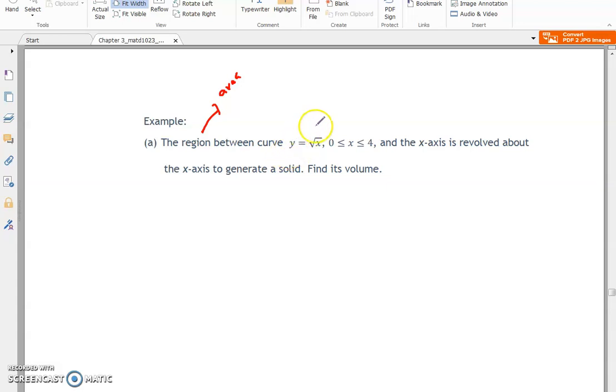So now we have a function of y equals square root of x, and the limit of your area here is between 0 and 4 for the domain of x, and the x-axis. So we have two constraints here, which are the domain of 0 to 4 and the x-axis, and it's revolved about the x-axis, which represents the rotation axis.